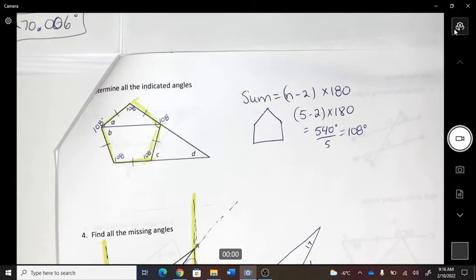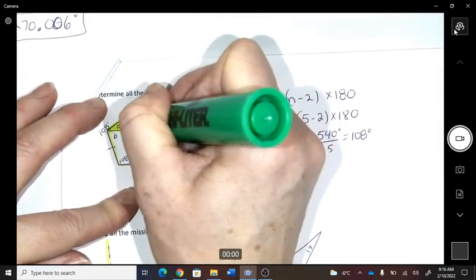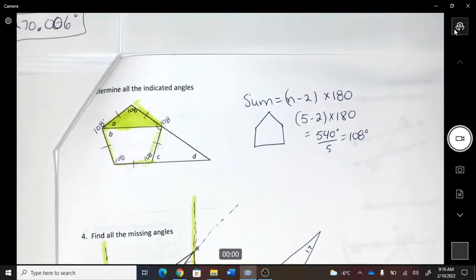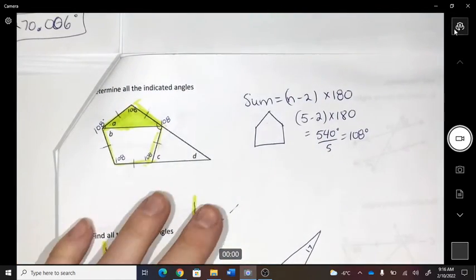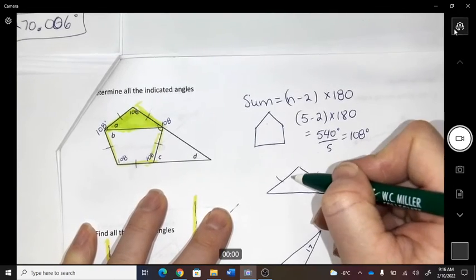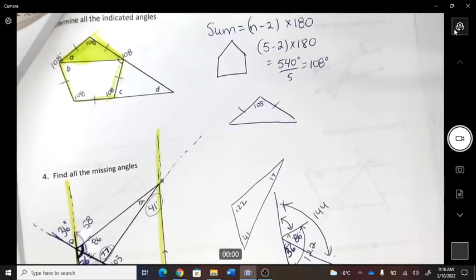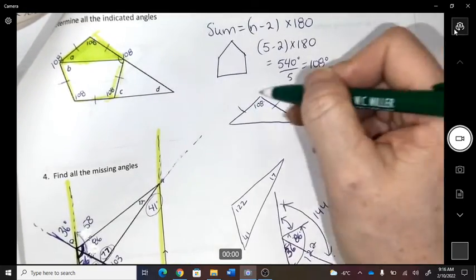Okay, now I'm going to focus you on smaller shapes. So I'm going to look at this now. You see just that triangle? Okay, what's my strategy on this, just this figure?